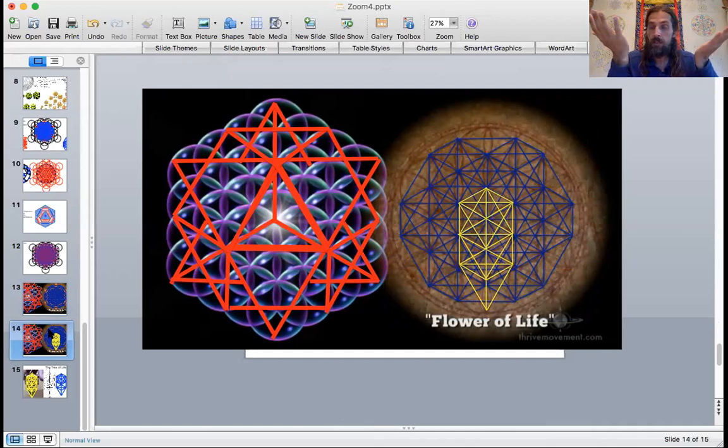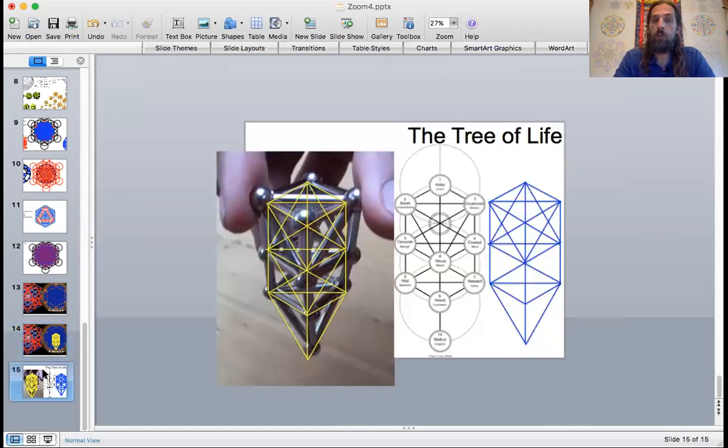Although once again, we've continued to look at it just as a flat image, a flat form, but it actually is three-dimensional and it's stacked on top of each other. So you can't just look at it flat on the ground. You have to look at it from a certain angle. And I took a photograph of that for you so you can see what the three-dimensional view of the tree of life looks like.